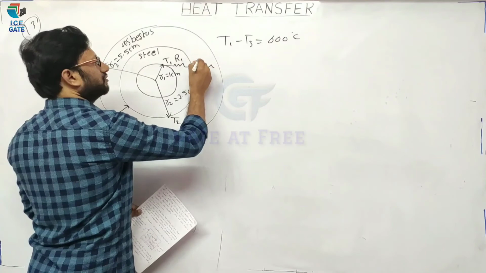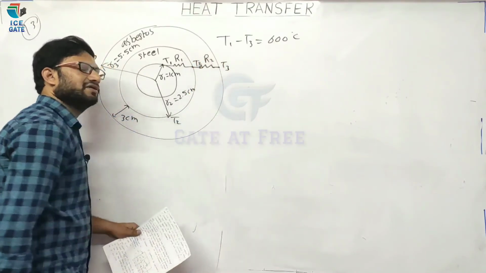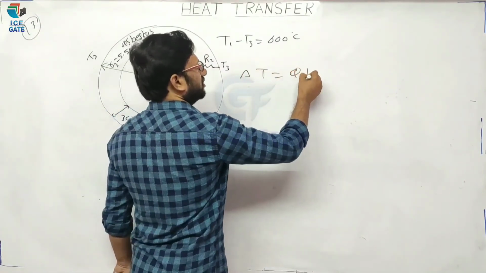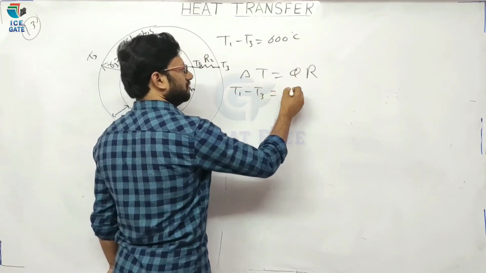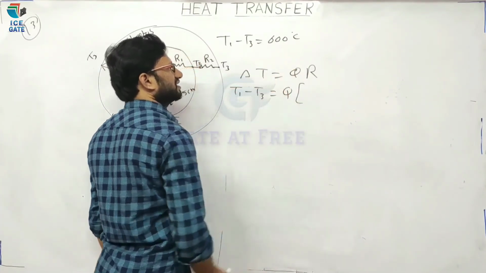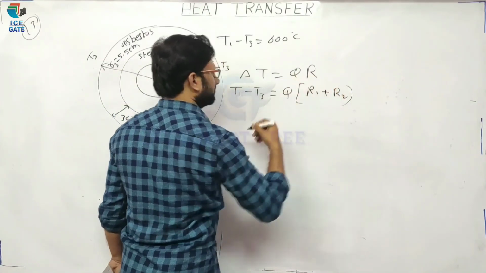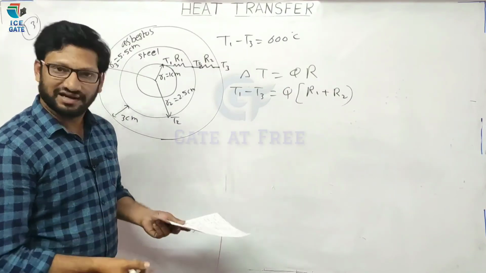From T2 to T3 is also conductive resistance. Now take delta T equal to QR. T1 minus T3 is equal to Q into R1 plus R2. The stainless steel tube is in cylindrical shape.